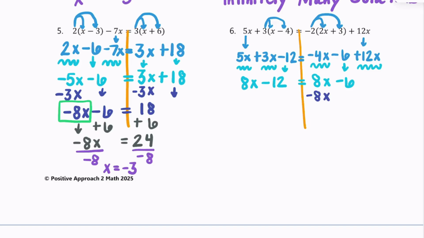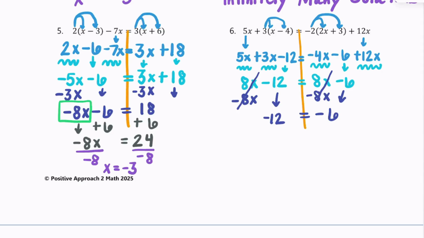Because it's moving over, I do the opposite operation. 8x minus 8x is going to go to 0x, and 0x is just 0, so I'm not even going to write my x term there, so the x's go away or cancel on both sides. We bring down that negative 12 on the left, and we bring down that negative 6 on the right.